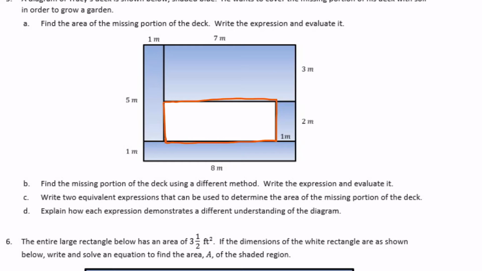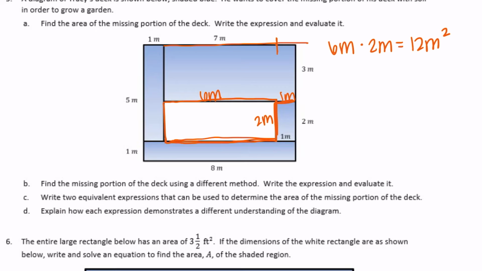So this part, the height is 2 meters, and the length here, I know this whole part is 7 meters, and this little part is 1 meter, which would make this 6 meters. So the area of it would be 6 meters by 2 meters, or 12 meters squared.